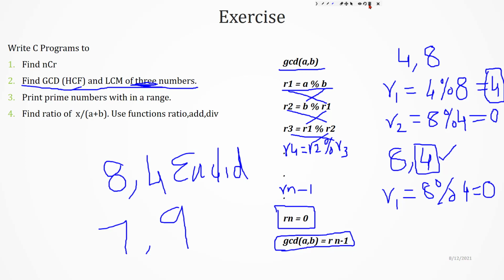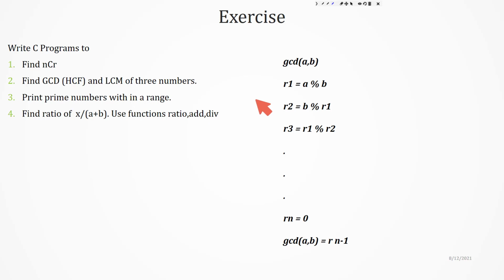I will explain one more example. Suppose it is 5 and 7. What will be R1? 5 mod 7. Okay, what is 5 mod 7? 5.